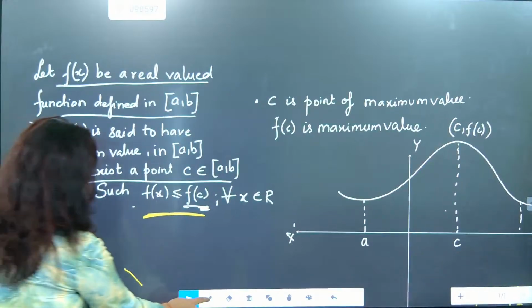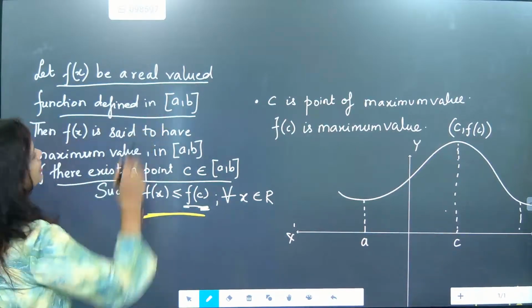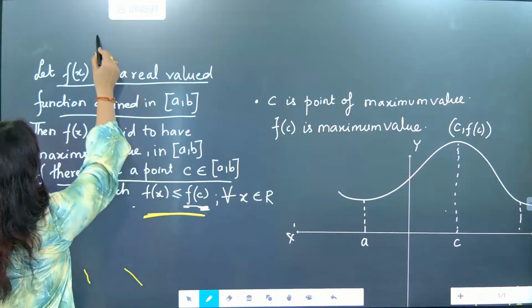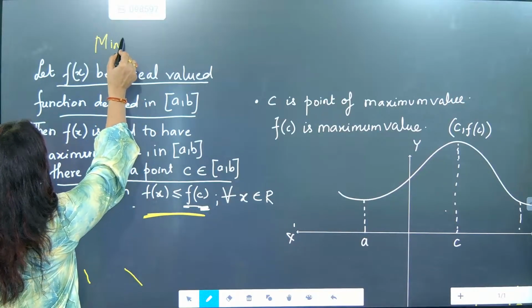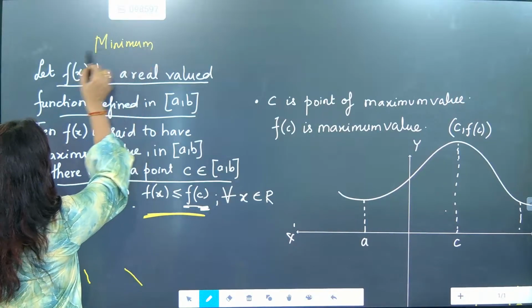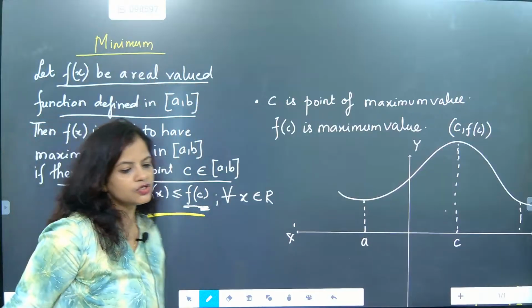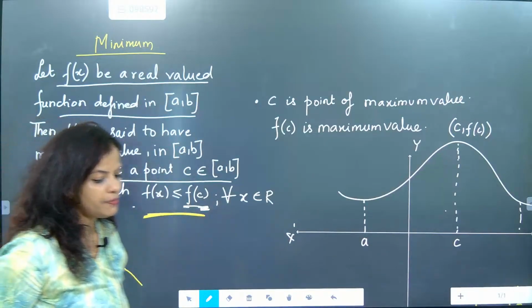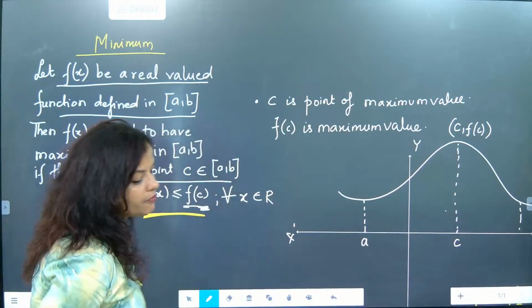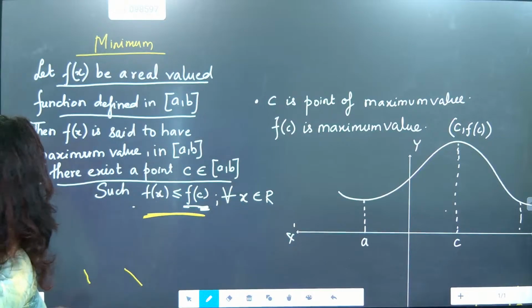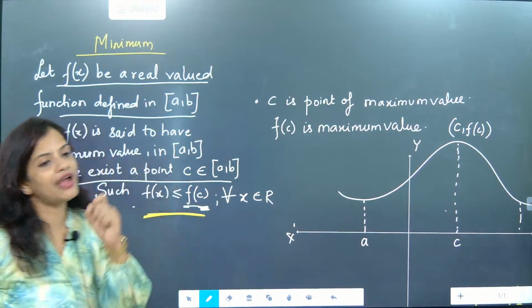So now for minimum, what are we going to do? Let f of x be a real valued function. For minimum also the same definition applies, with only little changes. So start writing about minimum. Let f of x be a real valued function.